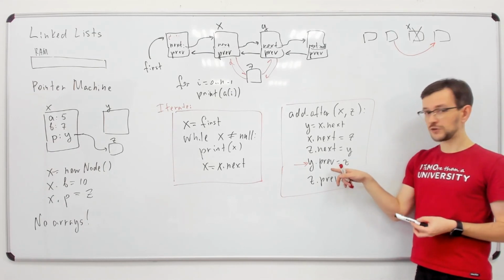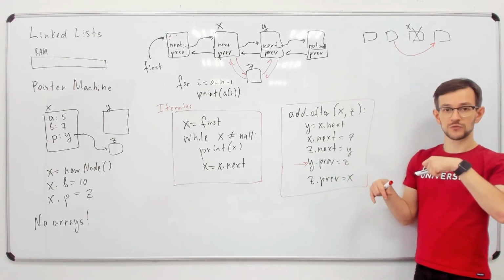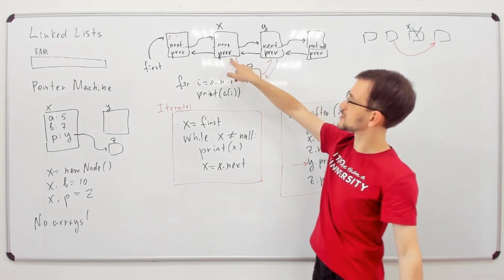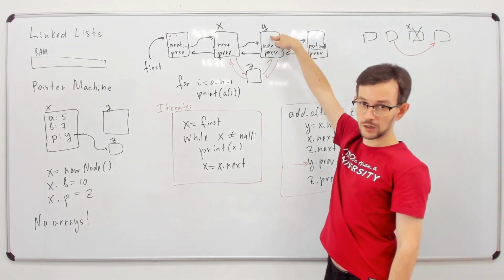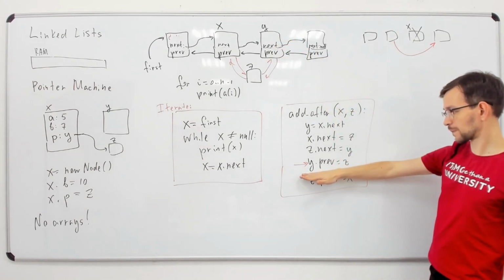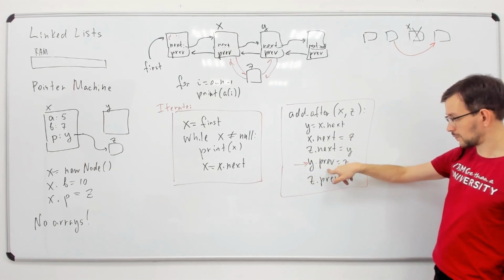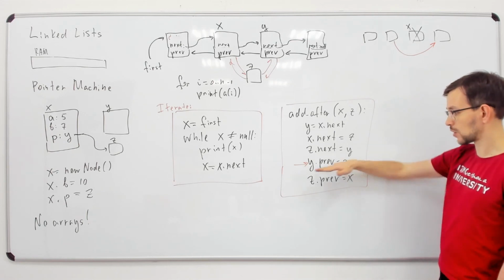Because if you add a new element after the last element of the list, so if this X is the last element of the list, then Y is null. So here you try to access the element of the null pointer, and you have a null pointer exception.